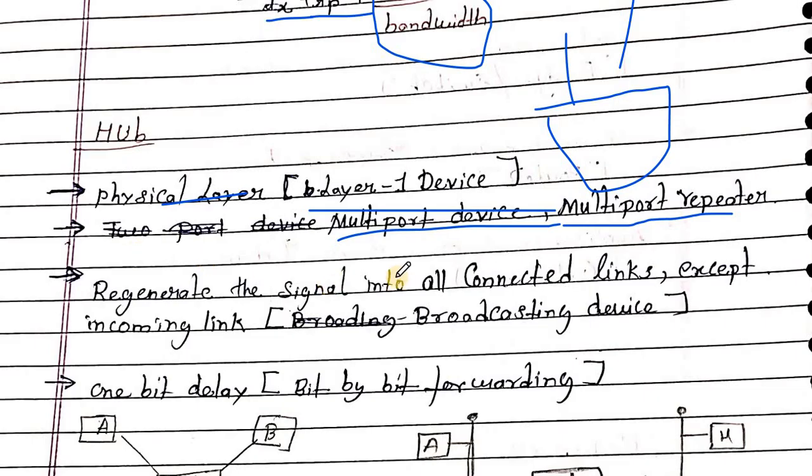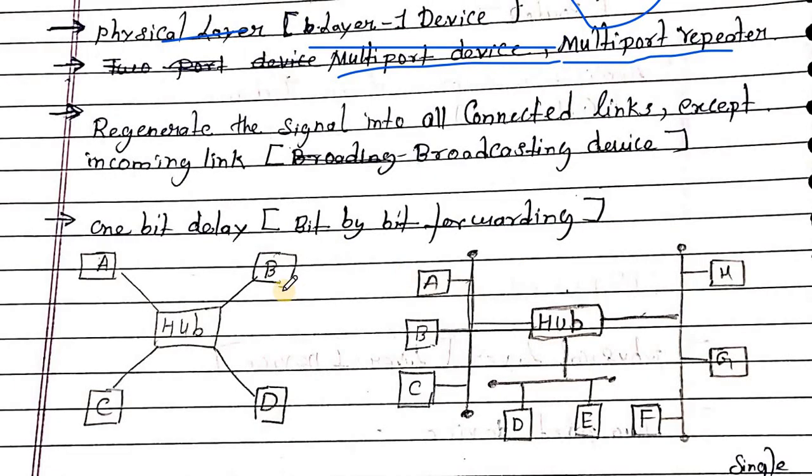Working the same, it regenerates the signal into all connected links except the incoming link. If there is one incoming link and all others are outgoing links, then it regenerates the signal and transfers it into all the connected outgoing links or channels. It also creates a 1 bit delay, by 1 bit forwarding.